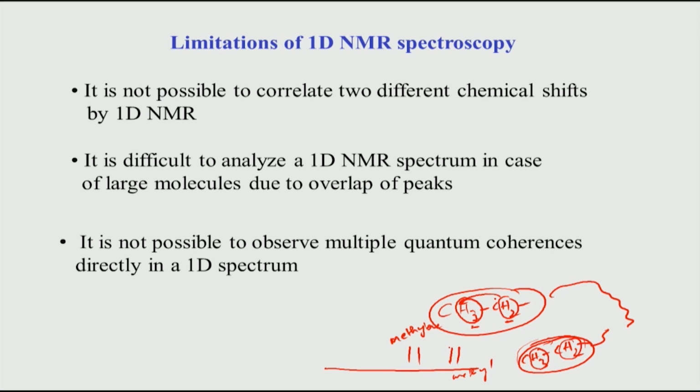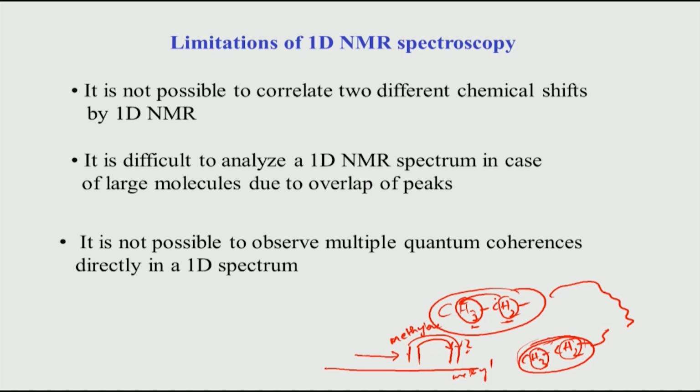So, now I do not have the information about which two are connected to each other. That information of connection between which methylene is connected to which of its respective methyl is not present in the simple 1D NMR. All the 1D NMR gives me is simply a set of lines.